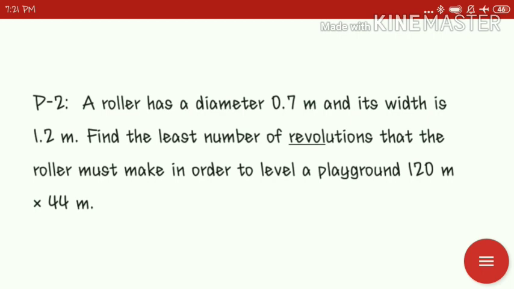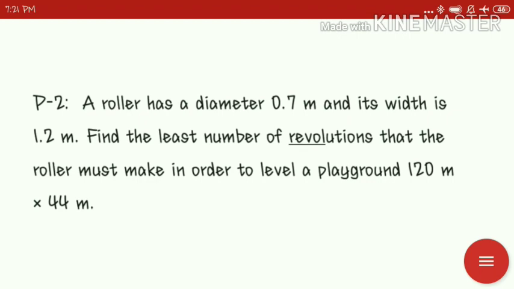And one thing you must have a basic concept about this roller: when we roll something on any playground, I hope you have seen that the width part, that means the height, when we place it in a vertical position, that part moves on the ground.